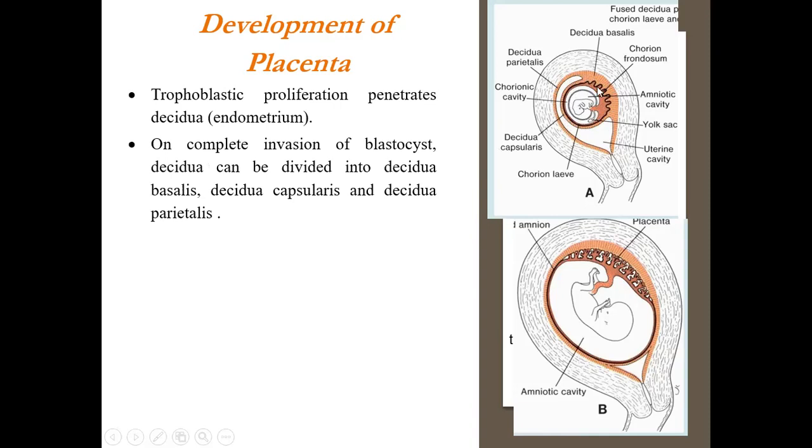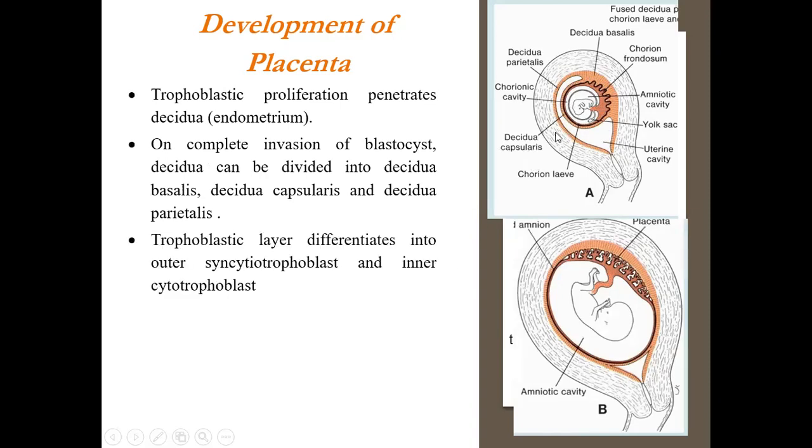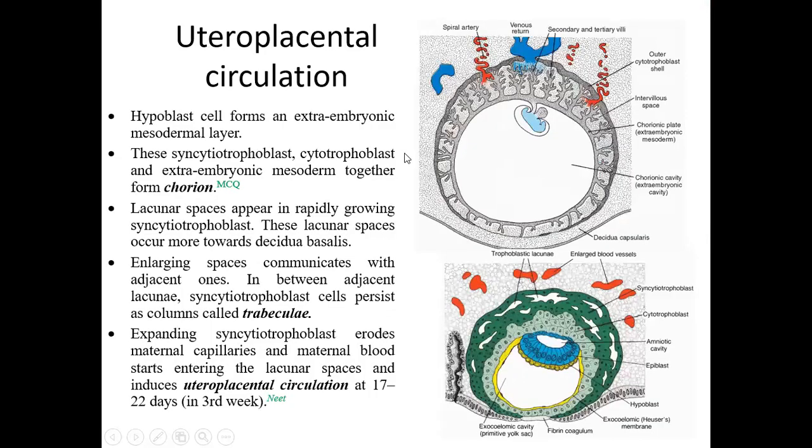Later on, when the size of the fetus increases, this capsularis will fuse with the decidua parietalis. Now, the trophoblastic layer differentiates into the outer syncytial trophoblast and the inner cytotrophoblast.